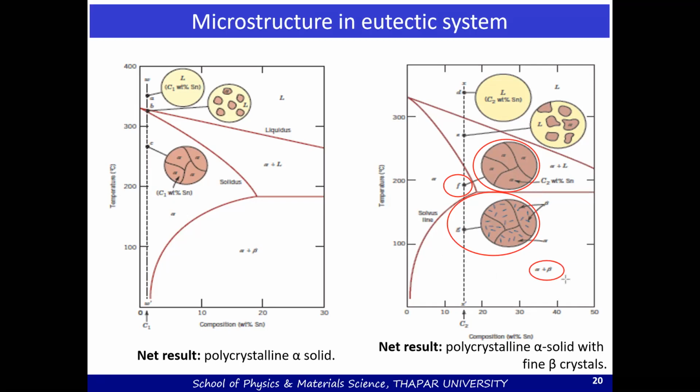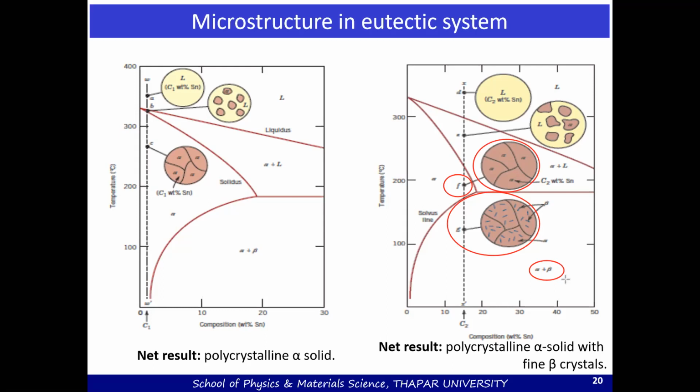So your beta phase has to evolve out of the alpha phase. What is alpha phase? I have just explained in the previous slide. Alpha is the one which is lead rich. And what is beta phase? Beta is the one which is Sn rich. So how a beta phase can evolve out of an alpha phase?